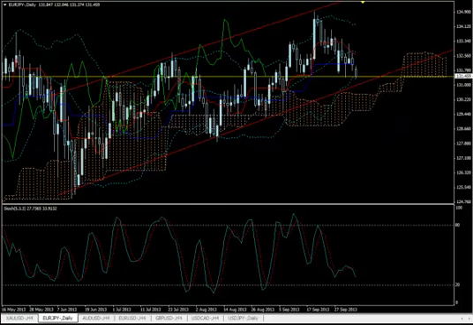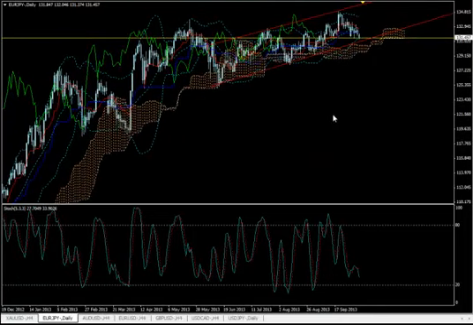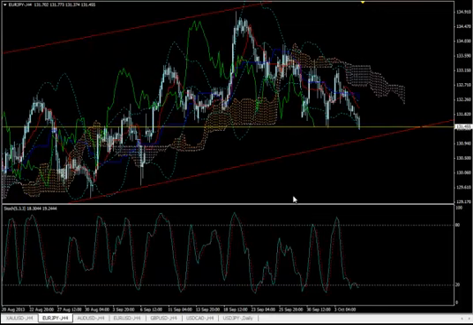Okay, so still you see that the biases are bullish on the daily time frame. You see that if you zoom out your chart, and although we have this downward move of the stochastics, the smaller time frames, H4 specifically, is showing us that biases are bullish rather than bearish, because we are expecting a reversal.